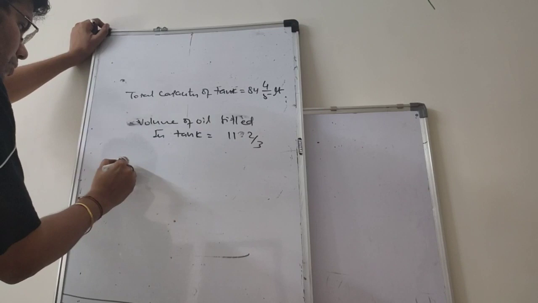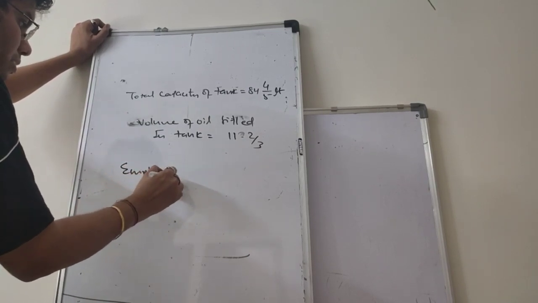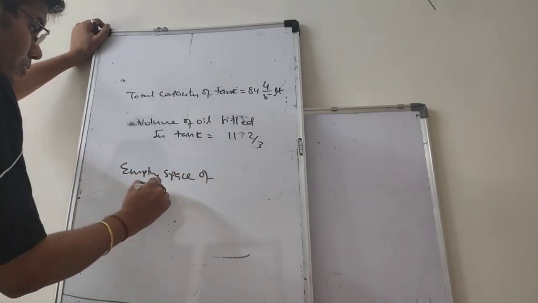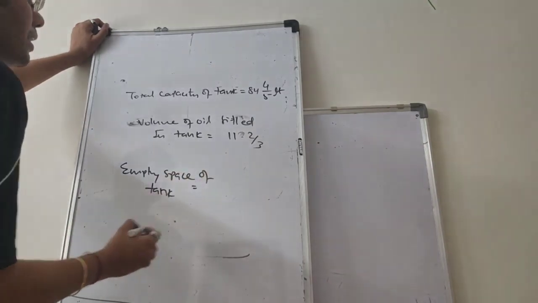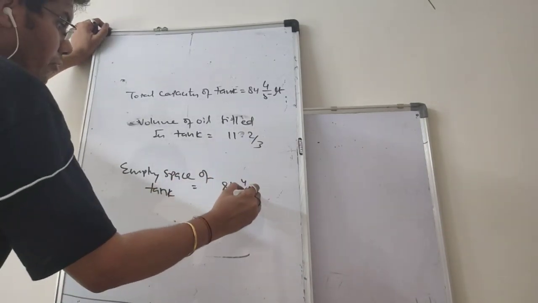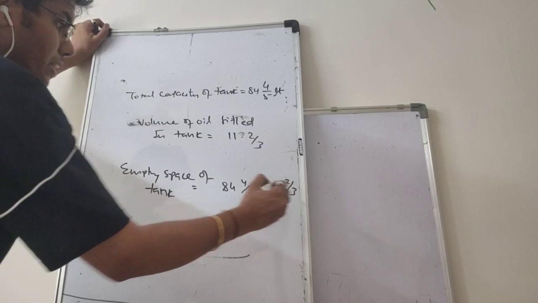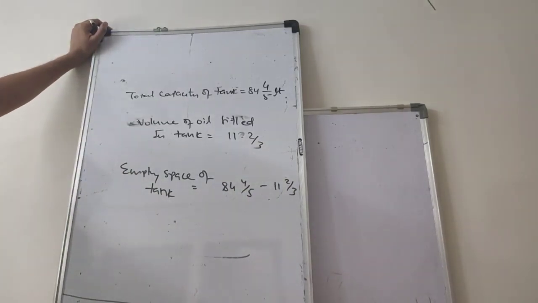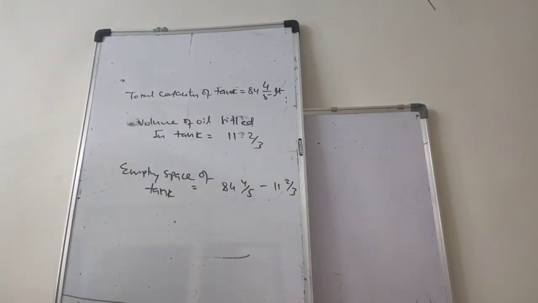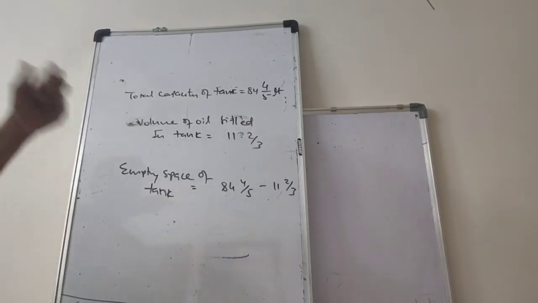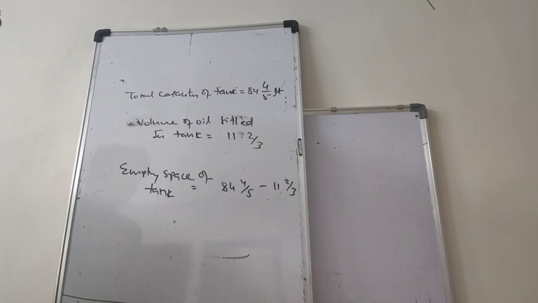The empty space of the tank is what? That is 84 4 by 5 minus 11 2 by 3. So that is the empty space of the tank in which more oil can be added. So we just subtract these two rational numbers.